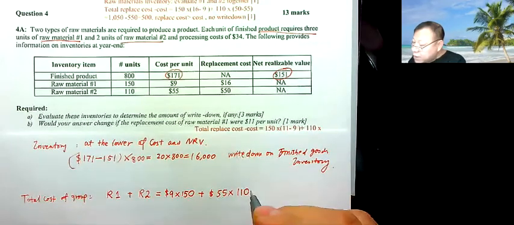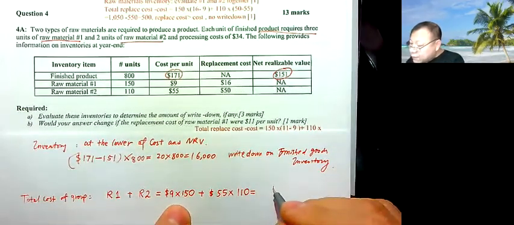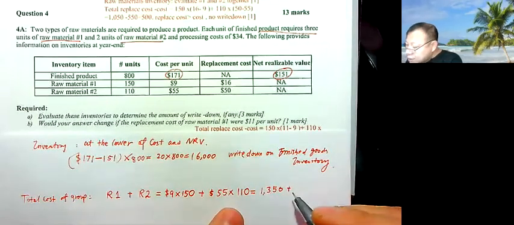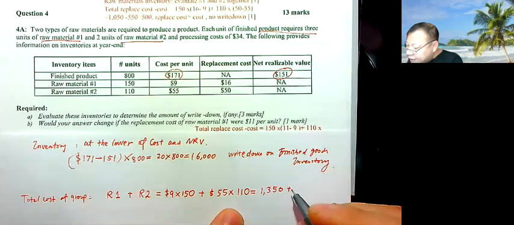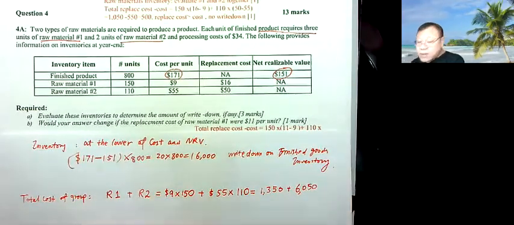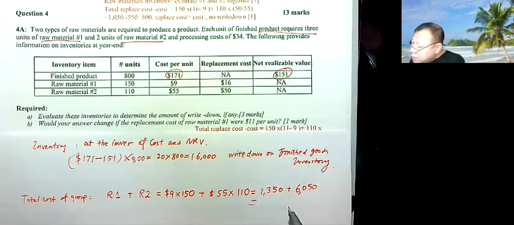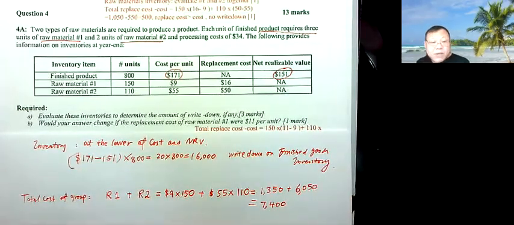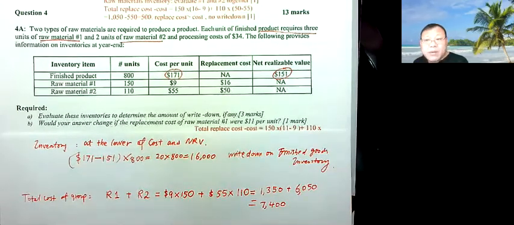So this gives me 1350 plus 6050, so that's going to be 7,400. So that's the total cost of the group, right?